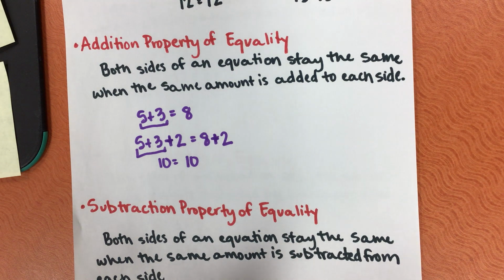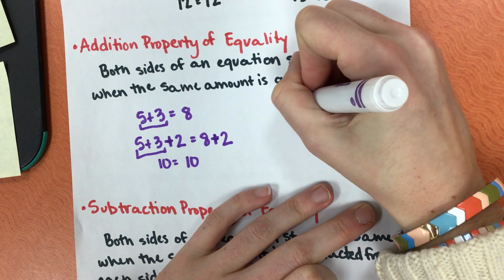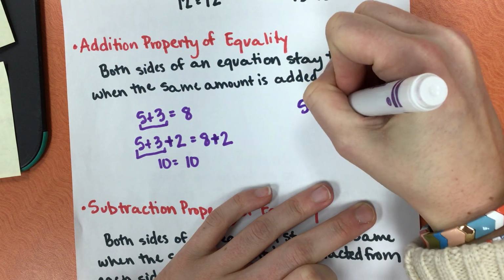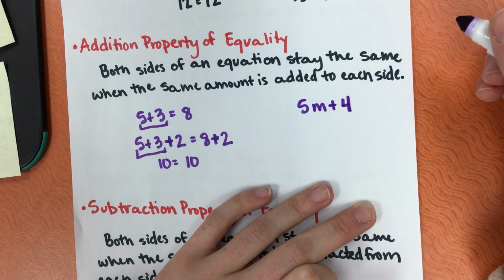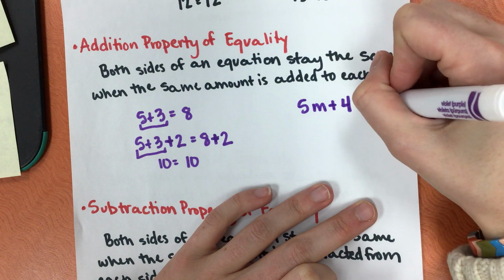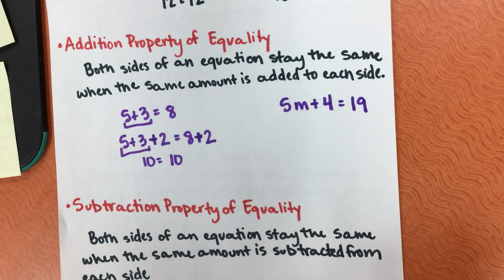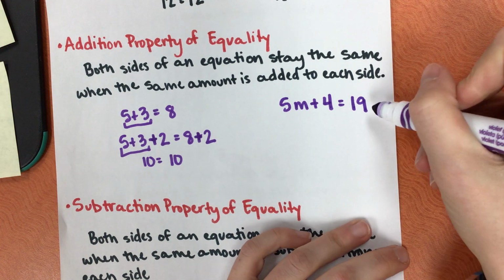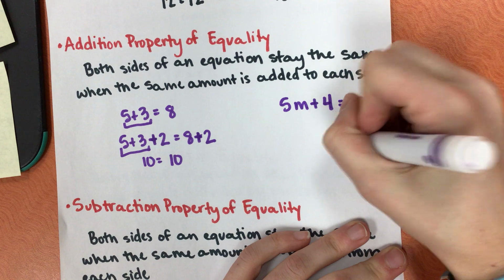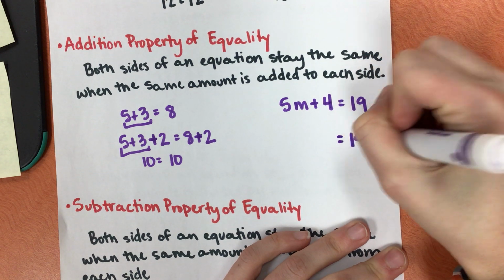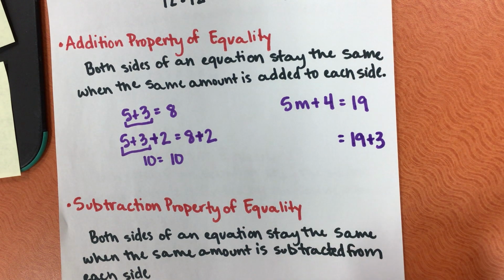If we had the equation 5m plus 4 equals 19, and then let's say that on my right side, I changed my equation to be 19 plus 3.